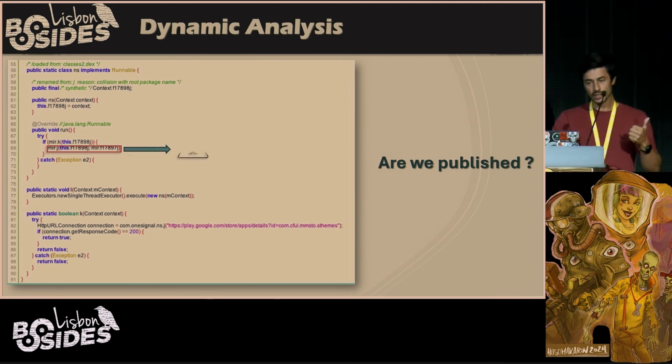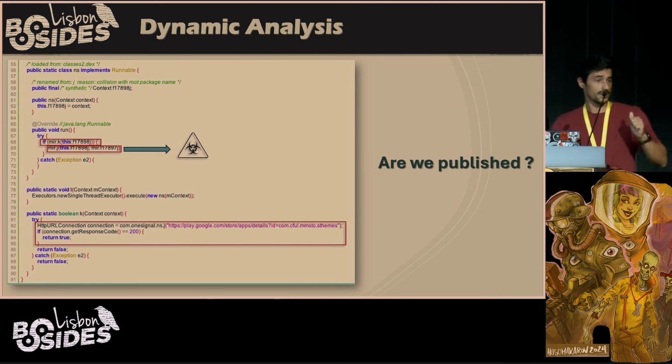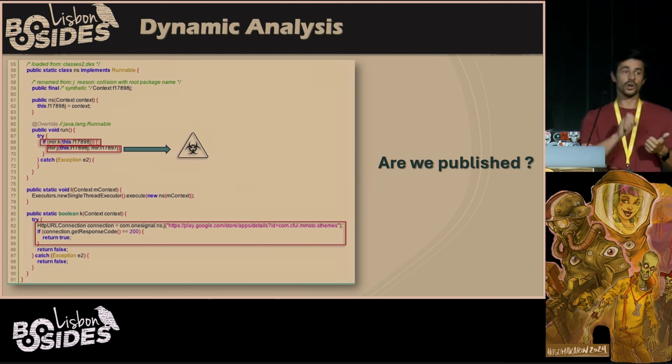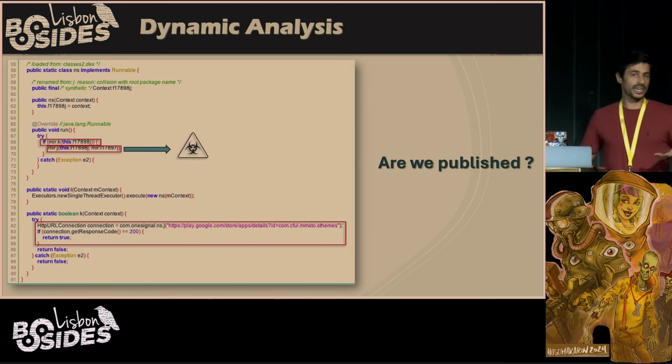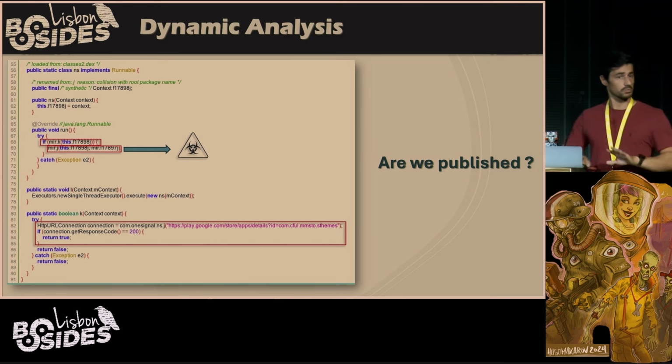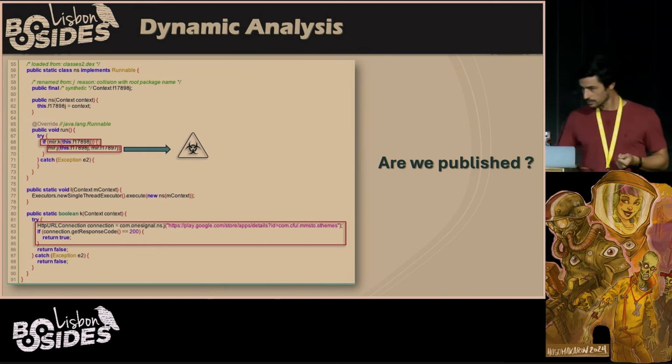But first, they need to go through a check. And that check is sending a request with their own package name to the Play Store saying, are we published? If not, then why display the malicious behavior? Why take the risk of getting banned even before they published? So let's just stay idle. If yes, then trigger the malware.